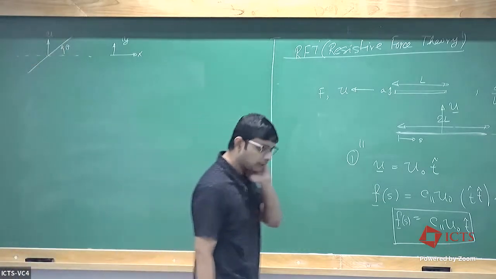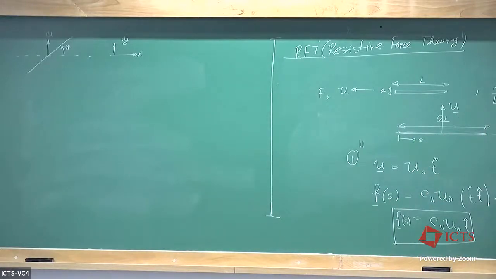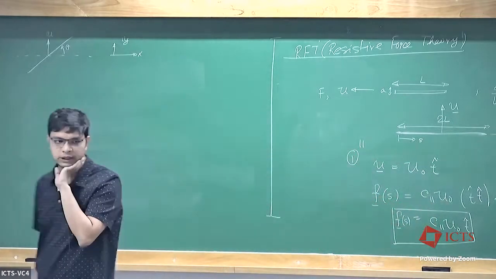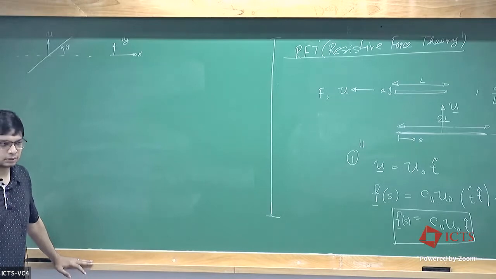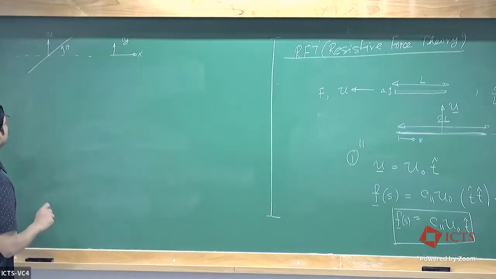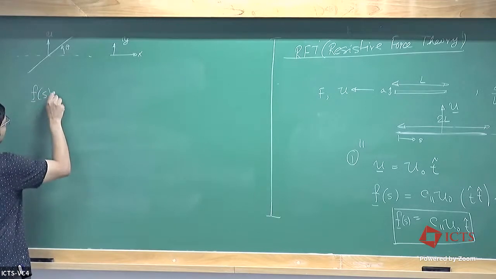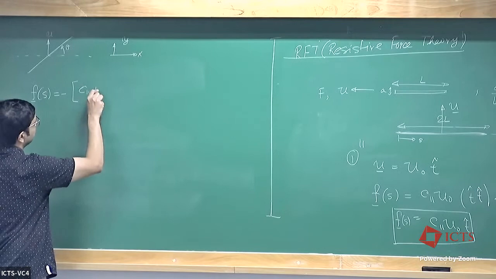So I've prescribed the velocity u with which this object moves. So I want to compute the other problem now. I know the velocity u. I want to compute the force exerted by the fluid on this object. So I will again do this, and I will put a minus sign, and we'll see in a moment why.